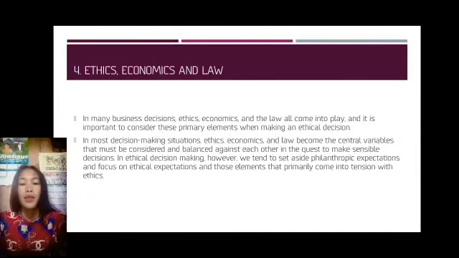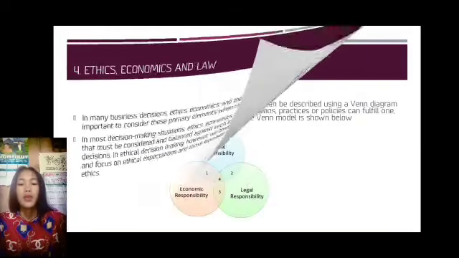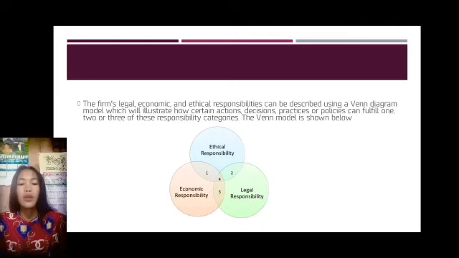Then the firm's legal, economic, and ethical responsibility can be described using a Venn diagram model, which will illustrate how certain actions, decisions, practices, or policies can fulfill one, two, or three of these responsibility categories.